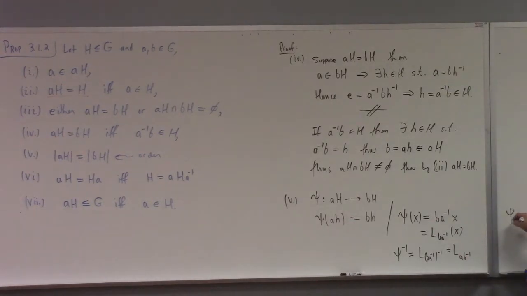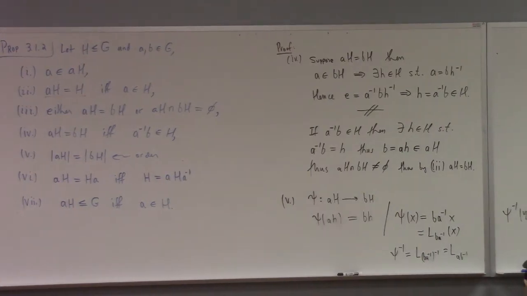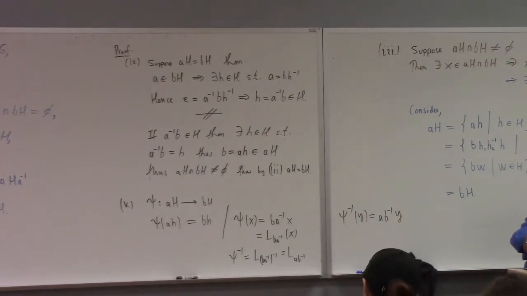In other words, psi inverse of y will just be AB inverse y. And if I can write down the inverse, it's a bijection. And if I can write down a bijection, they're in one-to-one correspondence, which is to say they've got the same size. All right?